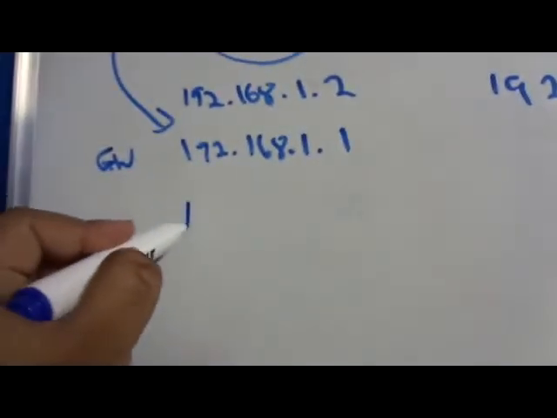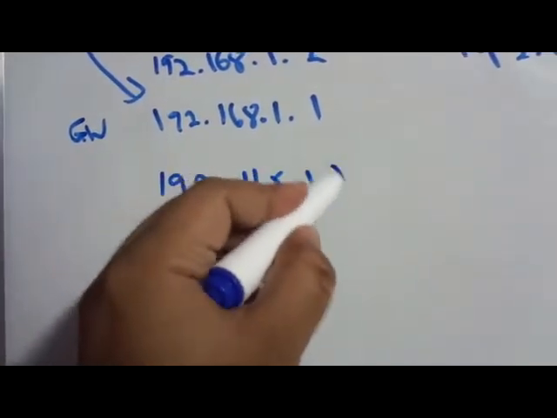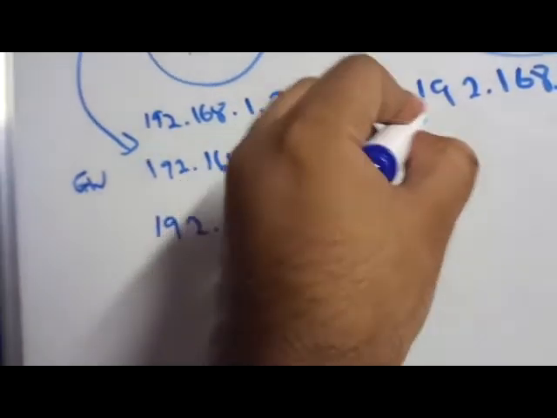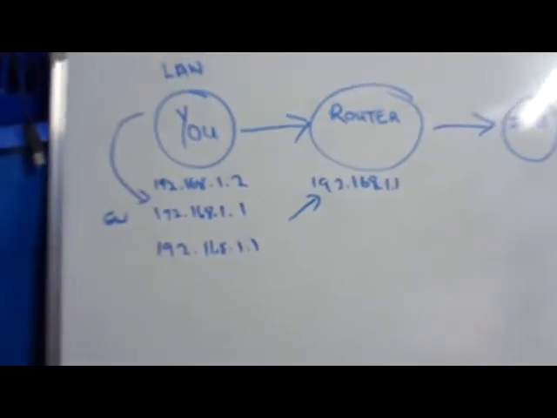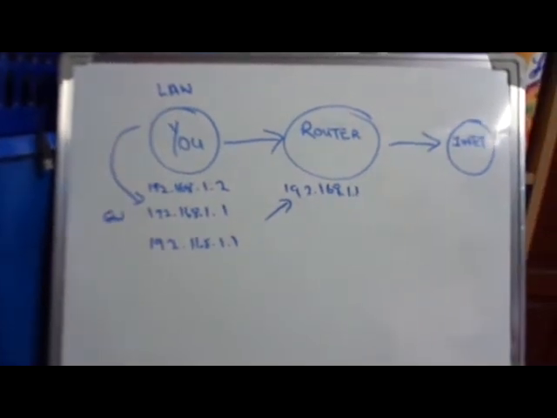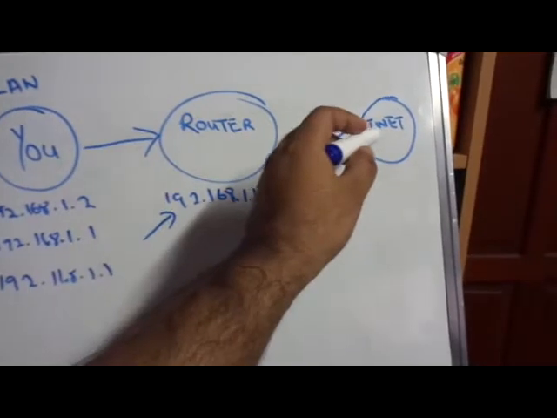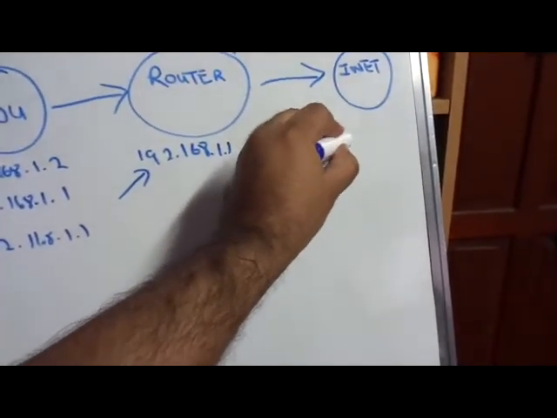And then your DNS would be 192.168.1.1, which is also the router, if you think about it that way. So that's how your standard setup would be. So let's say that the router needed to get the IP address of Netflix.